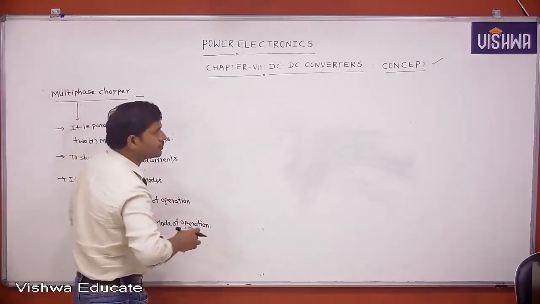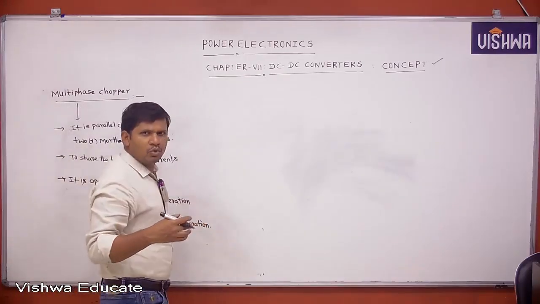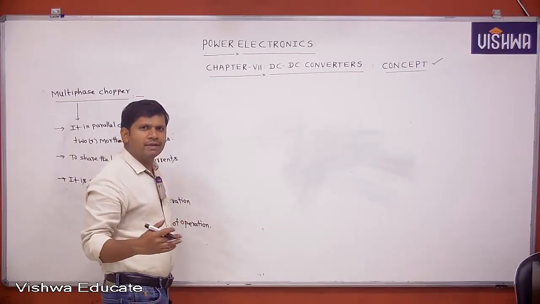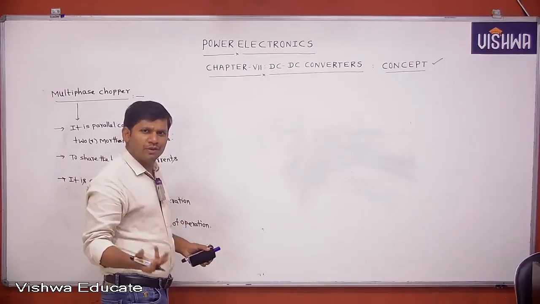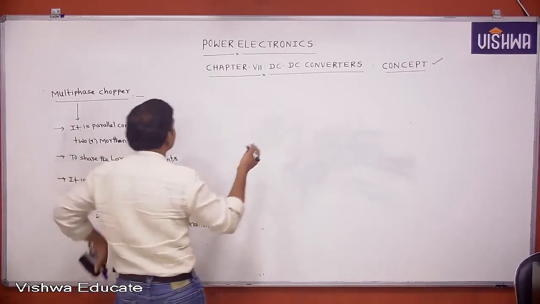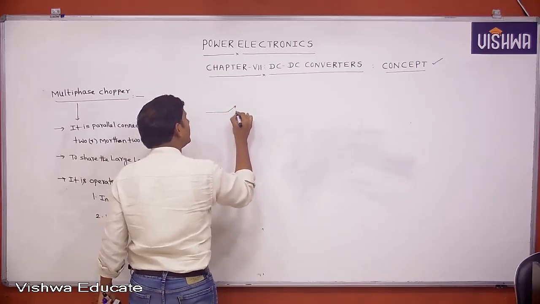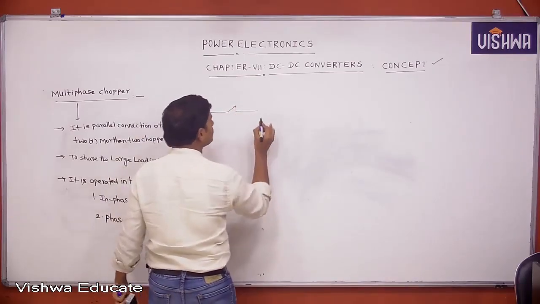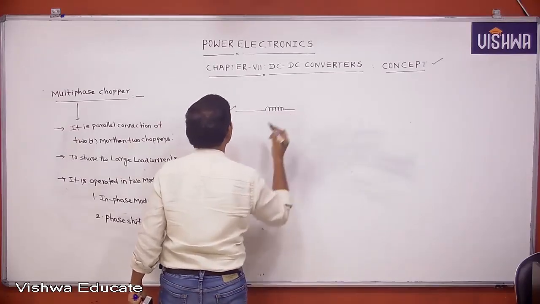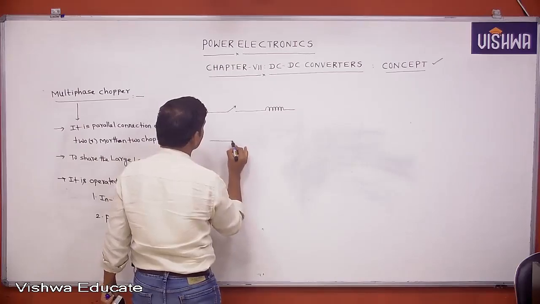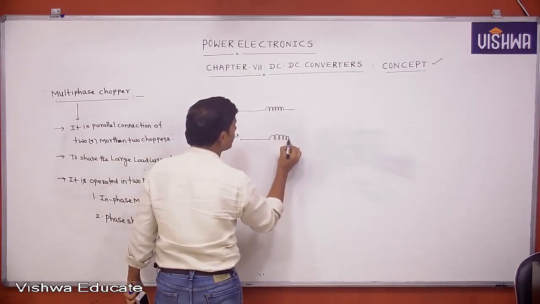Let us consider 2 buck regulators connected in parallel. I am explaining about 2 buck regulators connected, that is a 2-phase chopper. If you connect 3 buck regulators, that becomes a 3-phase chopper. Like that we can analyze. These are the 2 buck regulators connected in parallel. This is the chopper or switch.